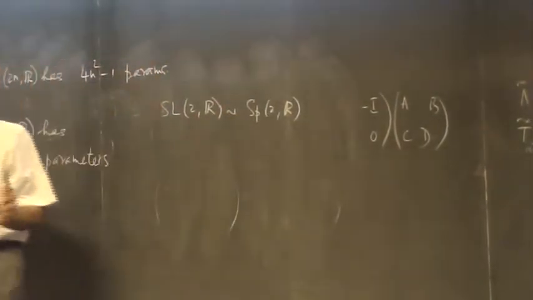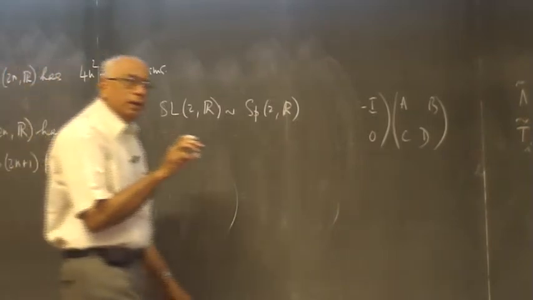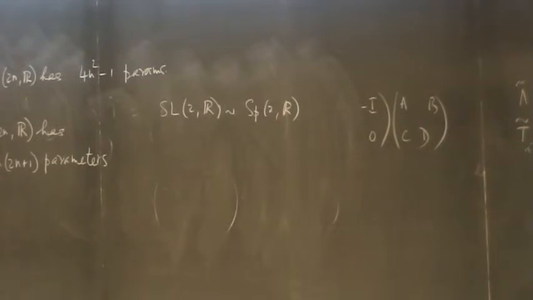These are exactly the same. There's a one-to-one correspondence. So what it's saying is that the requirement that the 2 by 2 matrix with real entries have unit determinant is enough to make it symplectic.